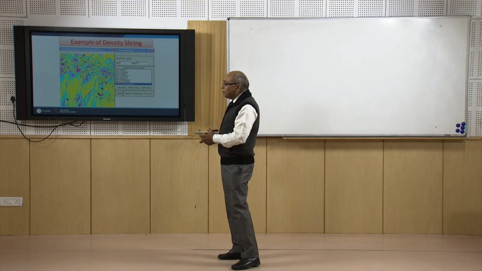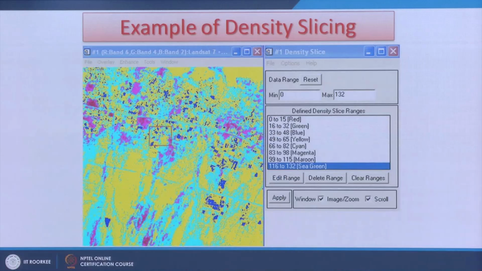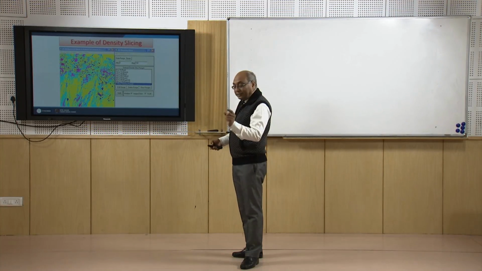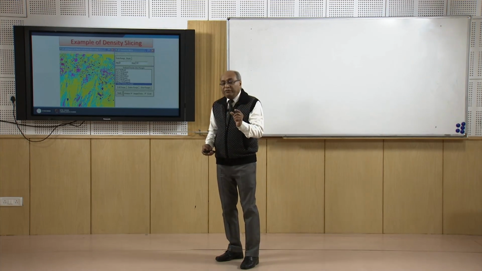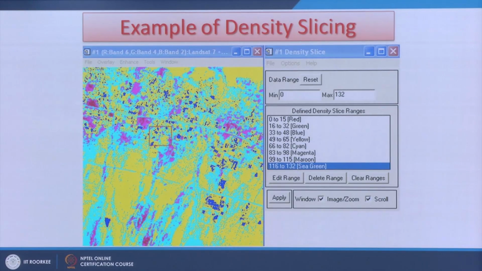So again this is a simple discretization. Instead of a continuous image, the same image is classified based on intervals, and the width may differ depending on your requirements, or you may involve statistical techniques like equal interval, natural breaks or quantile. Many such methods are available which can be used to classify a single band image.